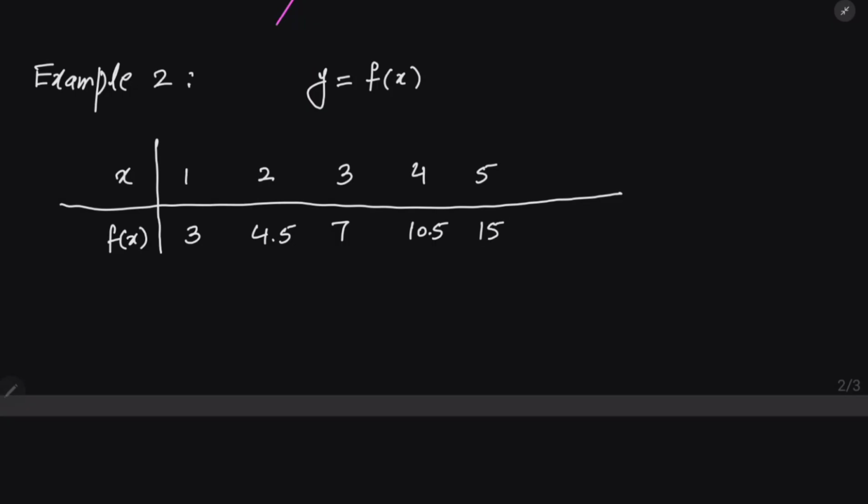This is the table for y is equal to f of x.